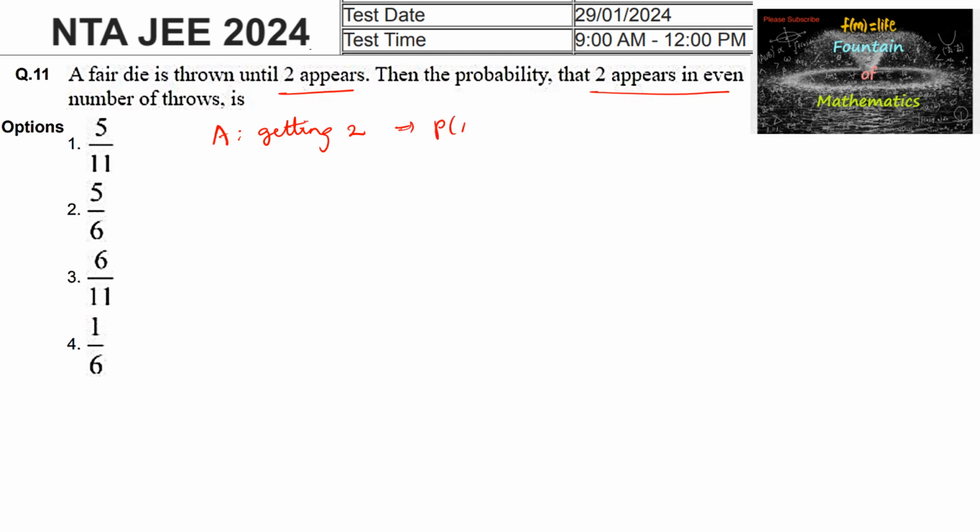The probability of getting 2 when a fair die is thrown is 1 out of 6, and its complement A bar, that is not getting 2, has P of A bar equal to 1 minus 1 upon 6, that is 5 by 6.